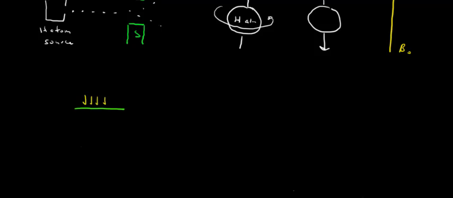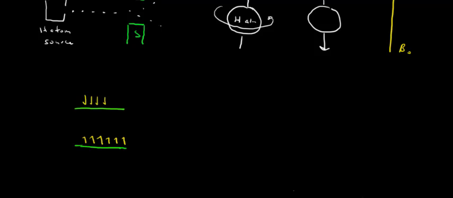In the lower energy state, we have nuclei that are aligned with the applied magnetic field, and so they're spin up. And because this is a lower energy state, there are some more nuclei in this state than there are in the higher energy state. But there's very little difference in energy between these states, and so there is a significant number of protons or nuclei in both energy states.